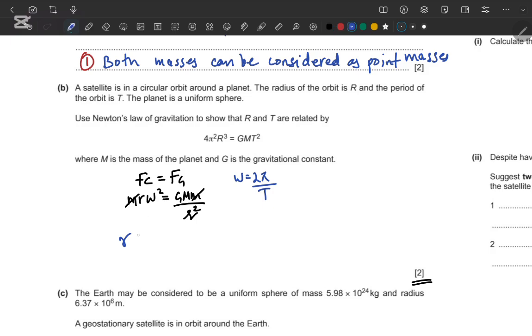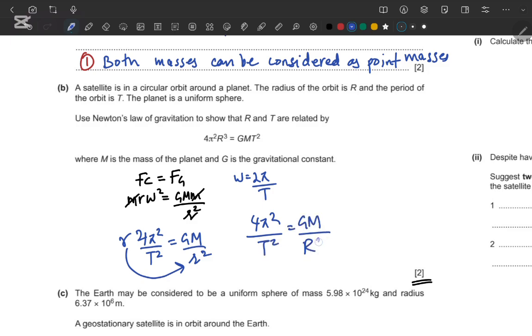Then omega squared is going to be 4 pi squared by T squared equals GM over r cubed. Then I'm going to move this r to the other side. It's going to divide r cubed. Then this is going to move to the other side and divide, and you're going to get 4 pi squared by T squared equals GM over r cubed.